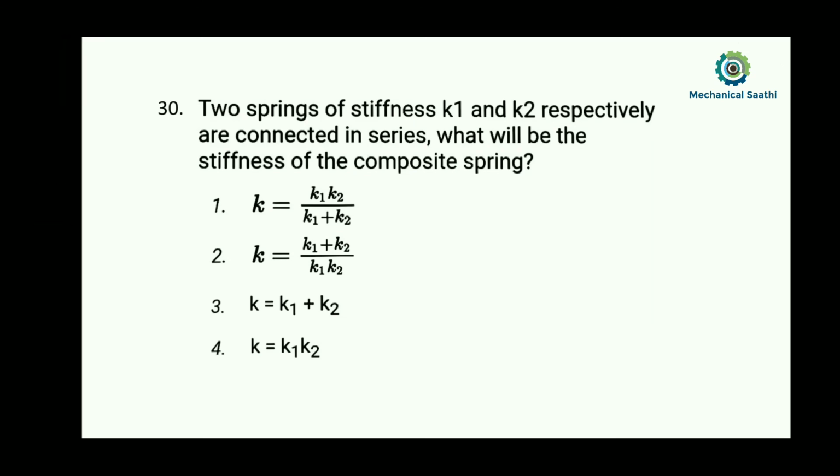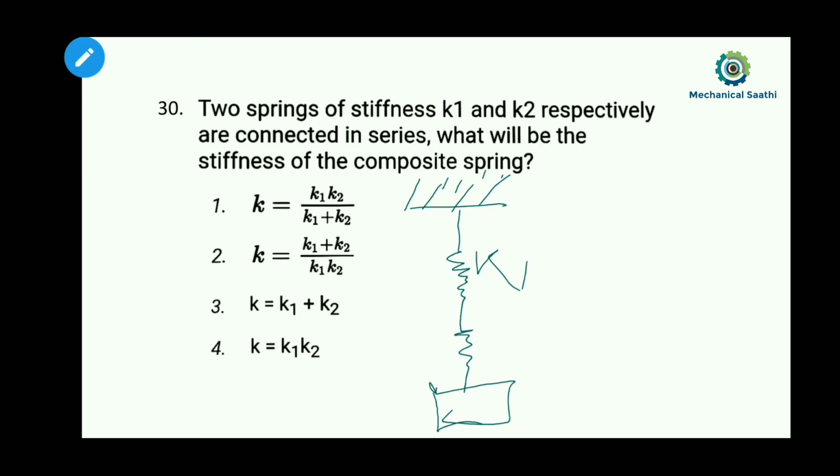So let us see it first. Basically, if this is the fixed support, and there is a spring and there is another spring, and a mass is attached, let this be k1 and this be k2. Then we have to find the equivalent stiffness.